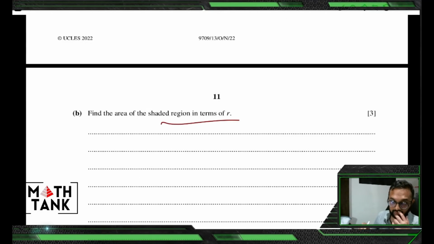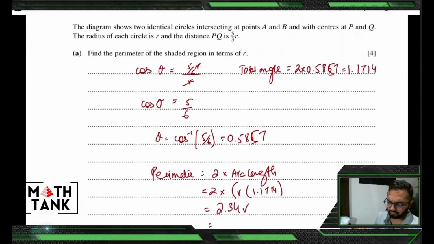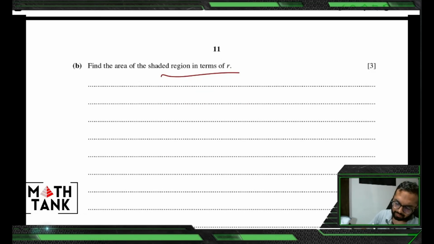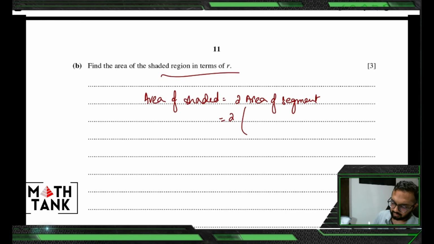Find the area of the shaded region in terms of r. So I could split up the shaded region into 2 different parts, and then it's a simple question of 2 times area of segment. So area of shaded equals 2 times area of segment. So area of sector minus area of triangle.